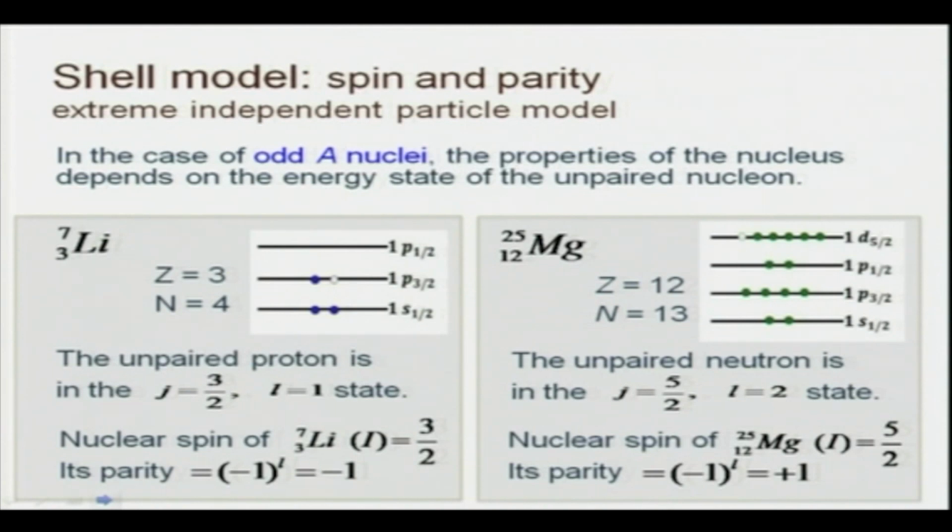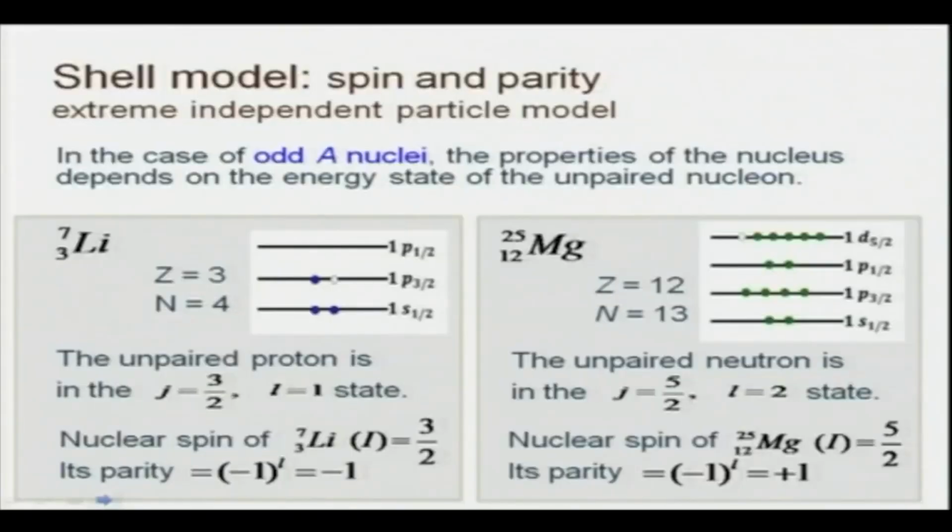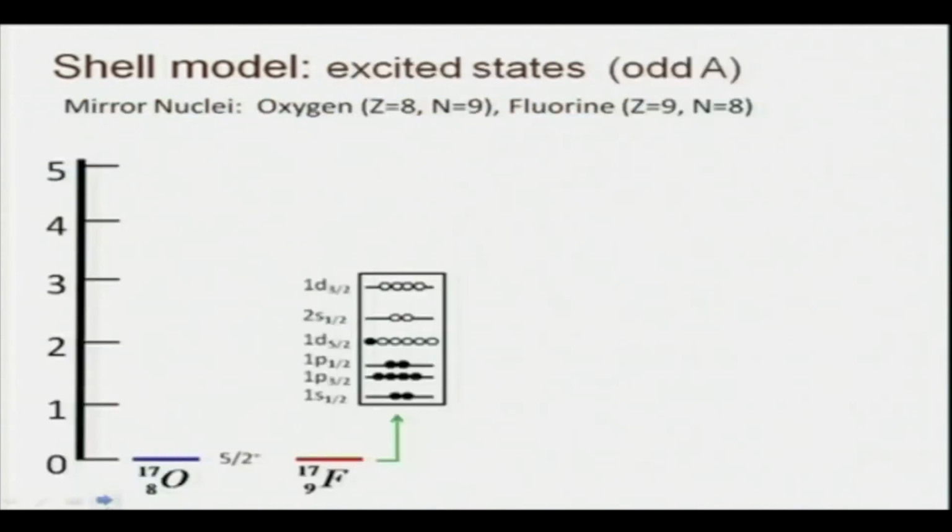So, indeed for the ground state of magnesium, the minimum energy configuration, magnesium 25 is found to be in I 5/2 plus. And you can go on and ask about other nuclei that have odd A value, and remarkably the predictions of the shell model agree with all of the observed cases.